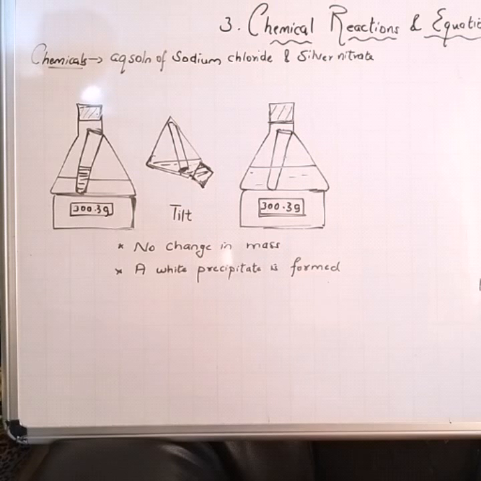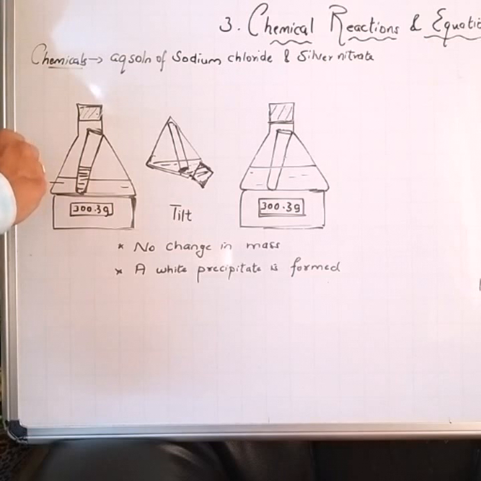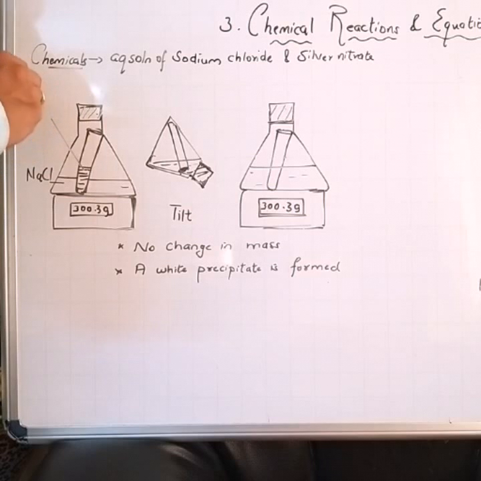And I take this aqueous sodium chloride in a conical flask. Inside this conical flask there is a test tube which is containing the aqueous silver nitrate. This is what? Silver nitrate, AgNO3. Understood?